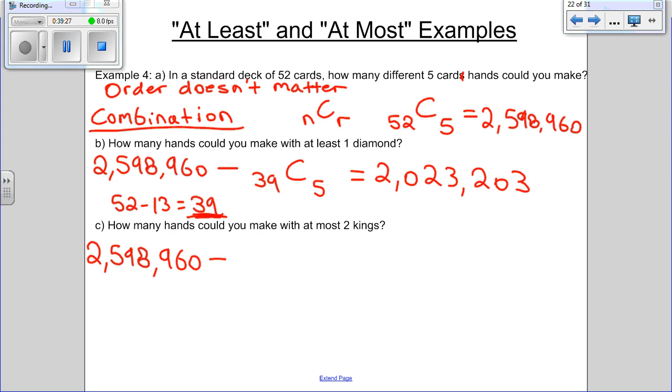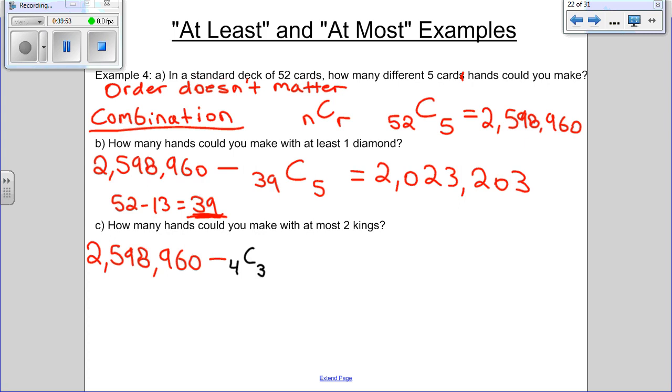First thing you gotta ask yourself is, how many kings are in the deck that I get to choose from? 4. 4C3. Let's talk about that for a second. That's me saying there's 4 kings in the deck. I want to choose 3 of them. That would only be a 3-card hand. You need a 5-card hand. So you still need to select 2 more cards.